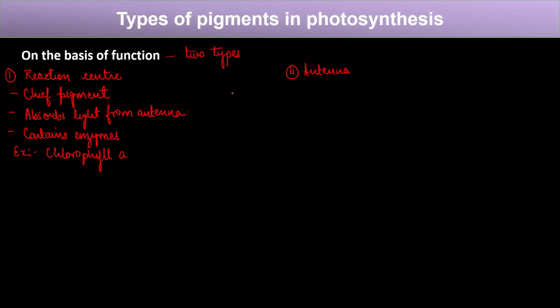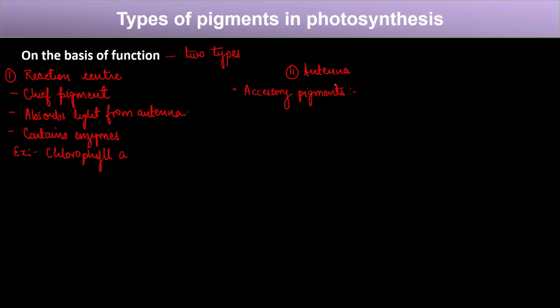Now, let's move to the antenna. Antennas are known as accessory pigments. It means the antenna comprises a group of pigments, and together these are called accessory pigments. Why?